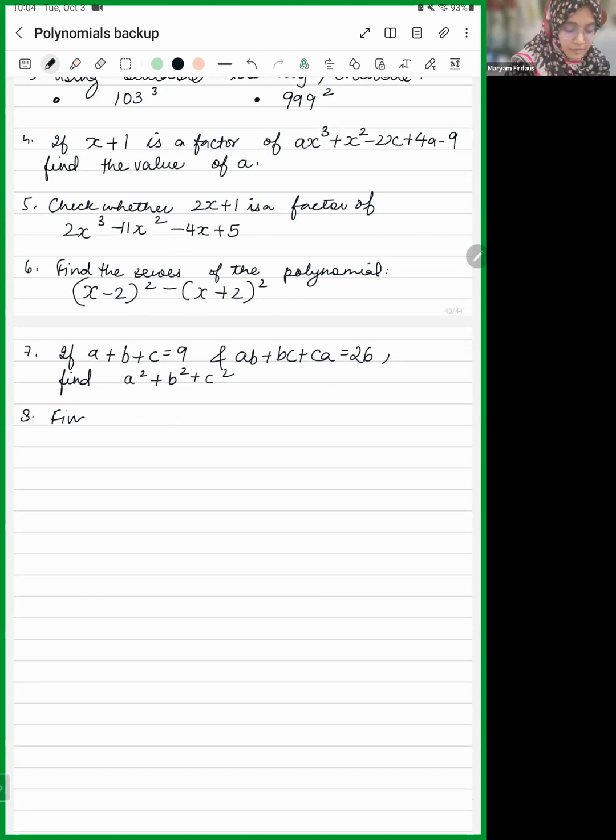Find the value of x cubed plus y cube minus 12xy plus 64 when x plus y equals minus 4.